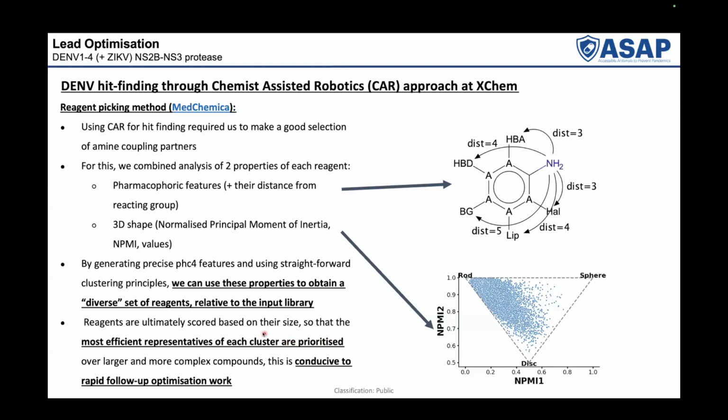It's also important to note that it was also based on size. When you can obviously get very elaborated and very big building blocks, they would be expensive or complex and difficult to make. So the idea was also to constrain that to be slightly smaller, which is great for early high throughput chemistry and elaborating these building block sets.